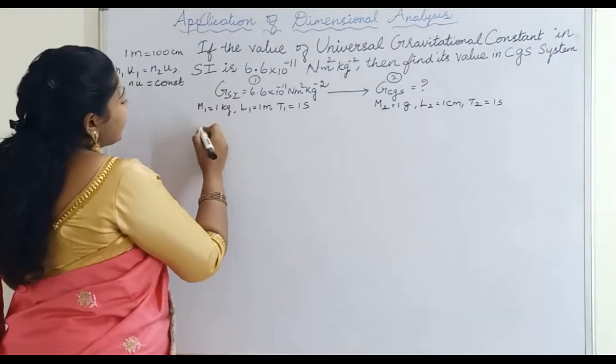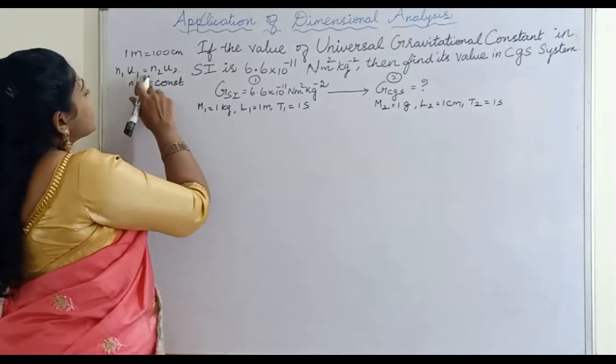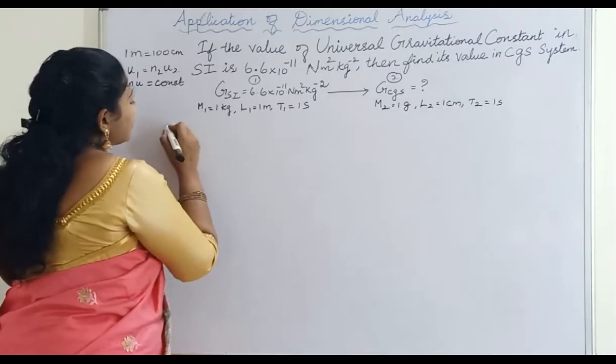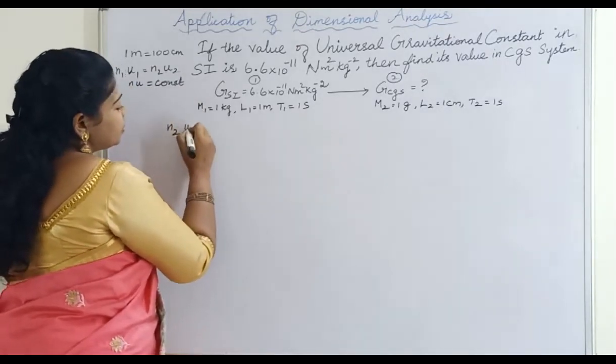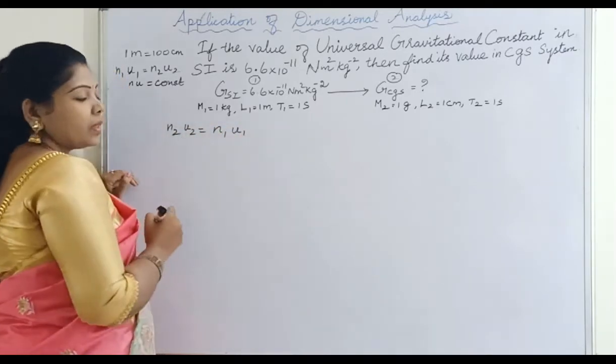Then we are going to derive it. For that I am going to use the equation N1 U1 is equal to N2 U2. For our convenience we can write it as N2 U2 is equal to N1 U1.